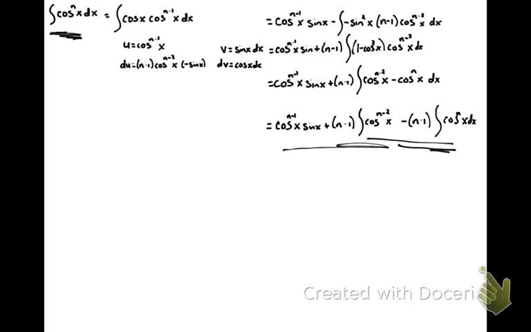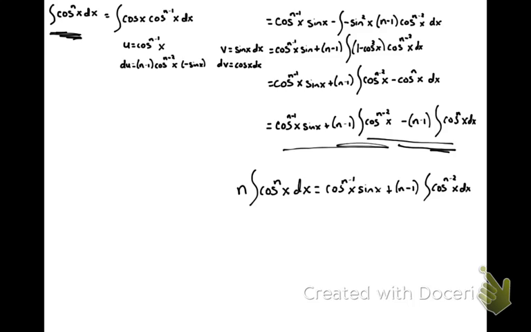I'll have an equation, n times the integral of cosine n to the x dx equals cosine n minus 1 to the x sine of x plus n minus 1 times the integral of cosine of x to the n minus 2 power dx.